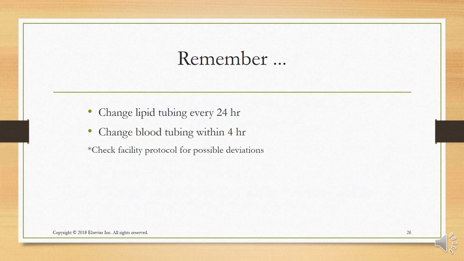So remember that when you have lipids running in, those tubings have to be changed every 24 hours. So your tubings need to be dated. And I have found with any tubing that needs to be dated that if you will take a Sharpie marker and write it on the drip chamber of the tubing, that's a best practice.